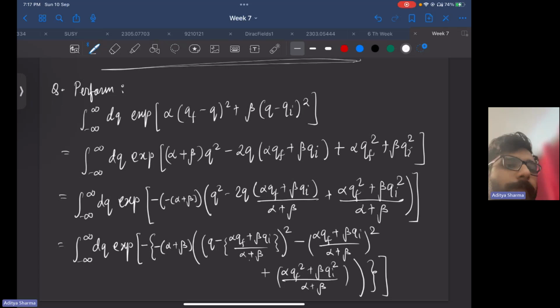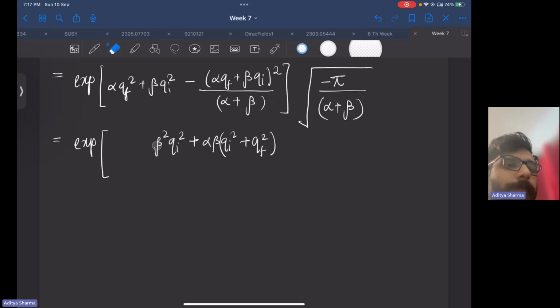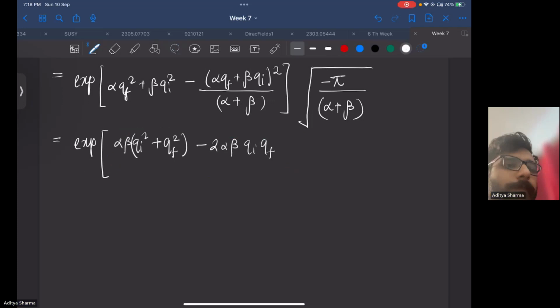So with alpha square qf square and beta square qi square, plus alpha beta terms: minus alpha square qf square gets cancelled, plus beta square qi square gets cancelled, and we have its own minus 2 alpha beta qi qf from this part, and in total we have this divided by alpha plus beta.